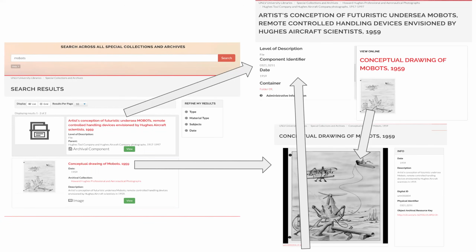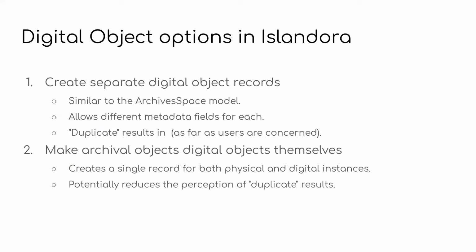I don't remember the terminology, sorry. But anyway, they're the same drawing. One's digital, one's not. It might be a bit confusing. We do, however, try to link them back and forth. So the archival component does link to the digital object, and the digital object does link back to the archival component, but it's potentially confusing.